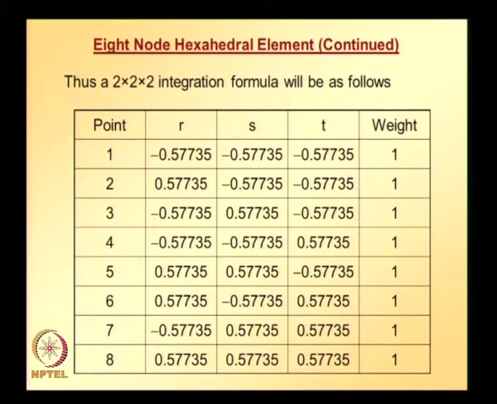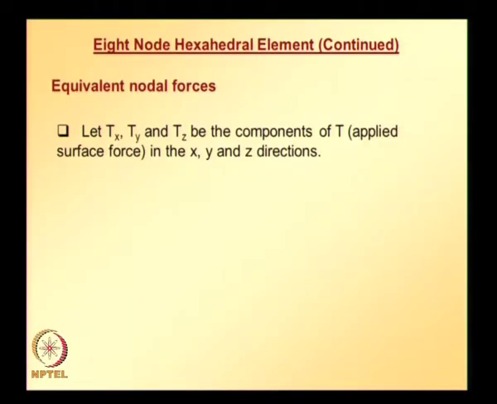So, this is how we can evaluate numerical integration for the 3 dimensional case, and using this kind of formula we can evaluate individual terms in the element stiffness matrix. Equivalent nodal forces: this is similar to the 4 node tetrahedral element. Let Tx, Ty, Tz be the components of traction surface forces that are applied along x, y, z directions.